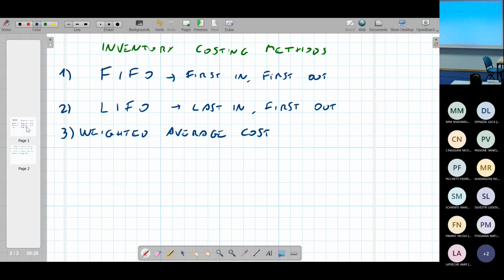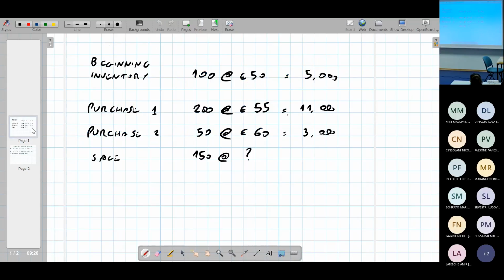So if we go back to the previous slide, and we need to determine the cost of goods sold for those 150 units, you see, we have different results depending on whether we use one or the other assumption. For instance, let's start with FIFO, first in, first out. With FIFO, the oldest units are sold first.